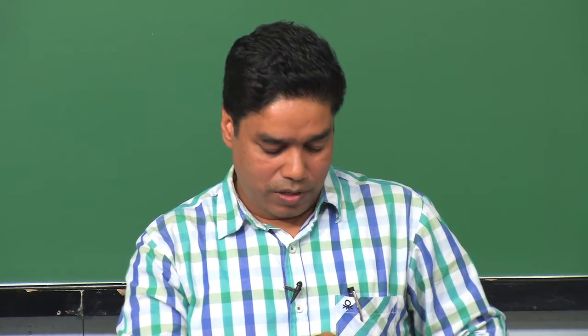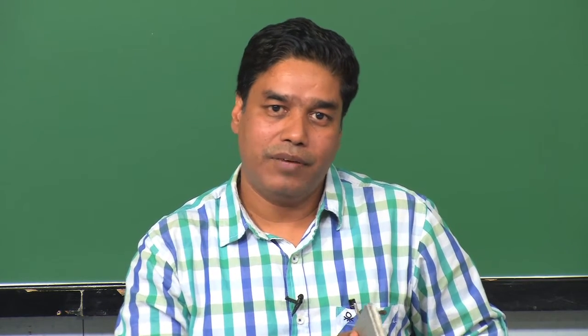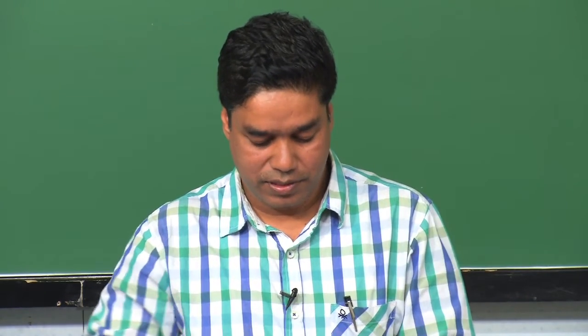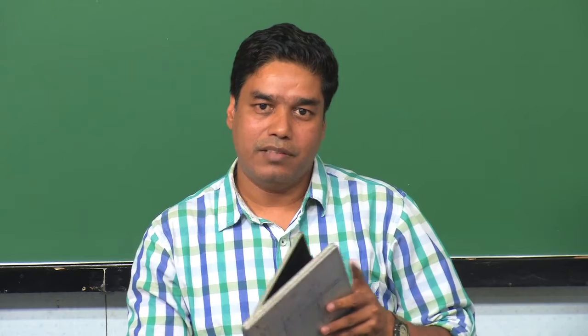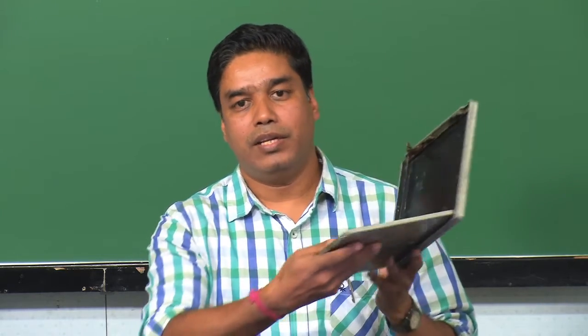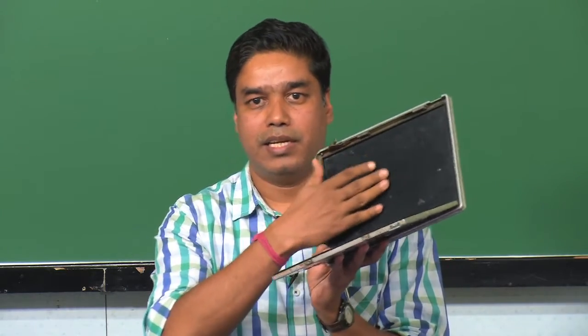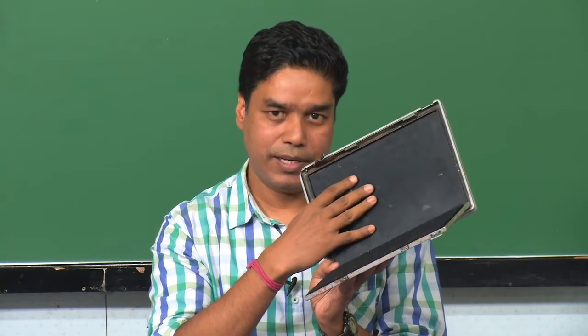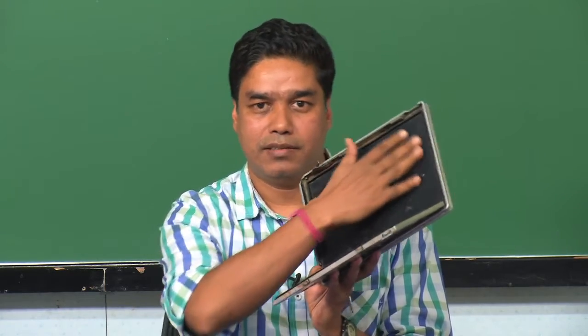You could also see inside this cassette there are a few more things. If you remember, we talked about intensifying screens which are used to enhance the image quality or to enhance the efficiency of image formation. As I told you, the intensifying screens have to be kept right over the film. Here you do not really see anything externally, but this still has an intensifying screen inbuilt inside this chamber.